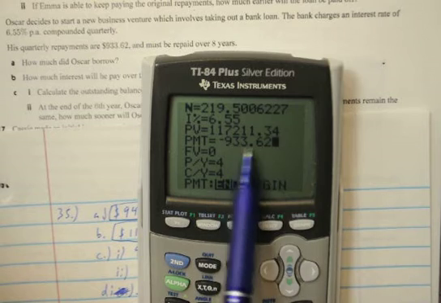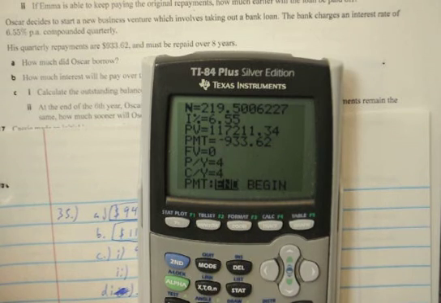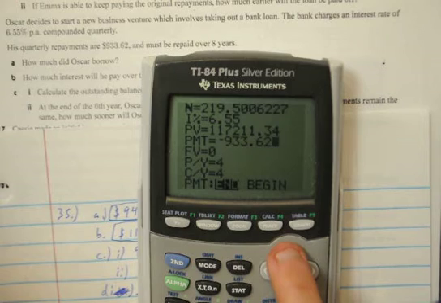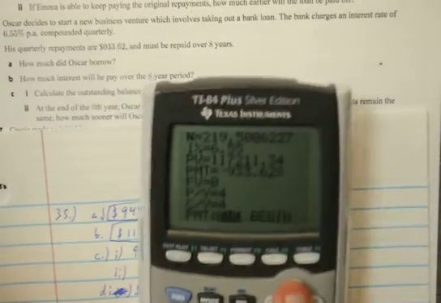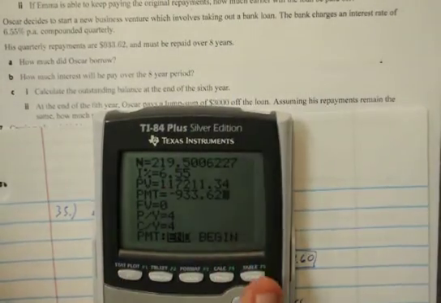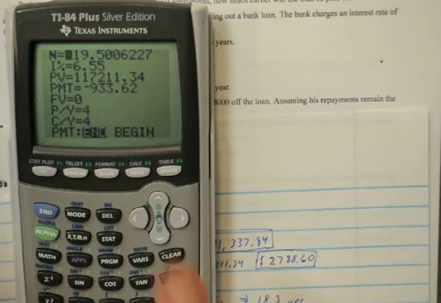That's how much we're paying into the bank, which is why I made it negative. And it is 8 years, so we need to change the number of compounds. This is 8 times 4, because there's 4 compounds a year. 32 together for that. I think we're good.